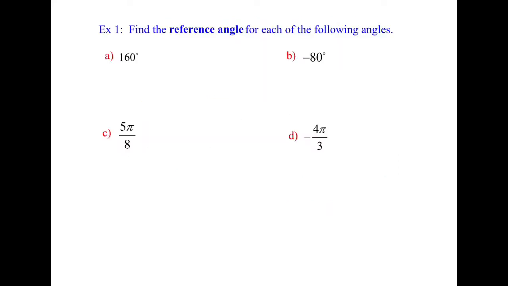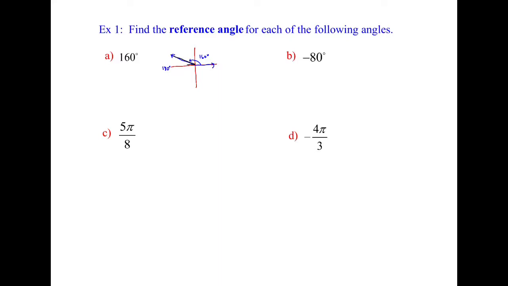So let's take a look at these 4 examples, and we're going to find the reference angle for each of the following. First, 160 degrees. You can kind of visualize this, but I'll show you on each of those. If you graph 160 degrees, 180 is here, so 160 is somewhere in there. So what is the reference angle?